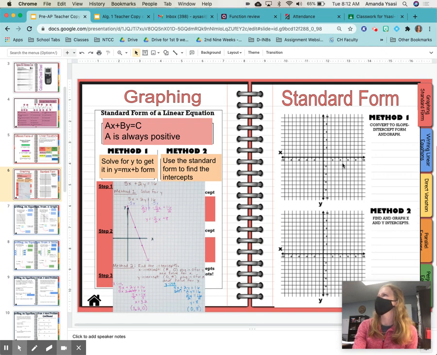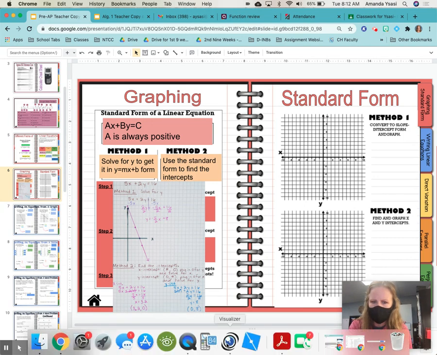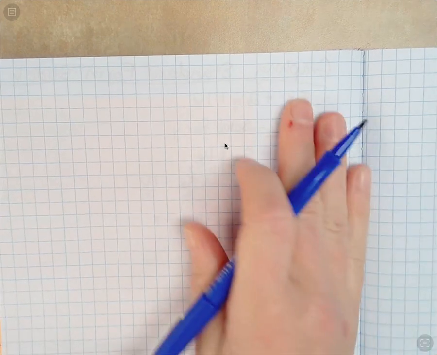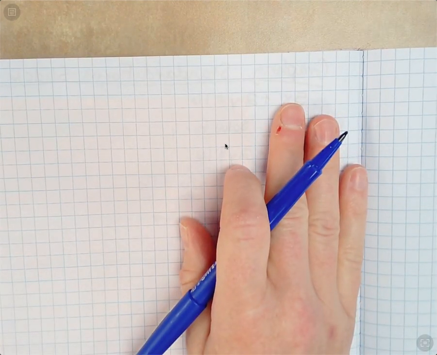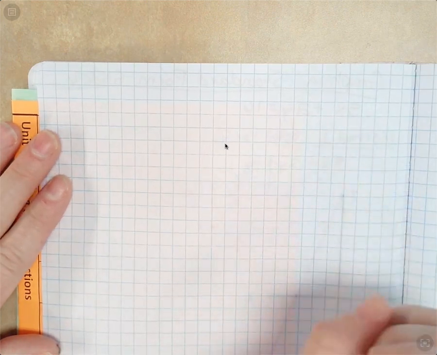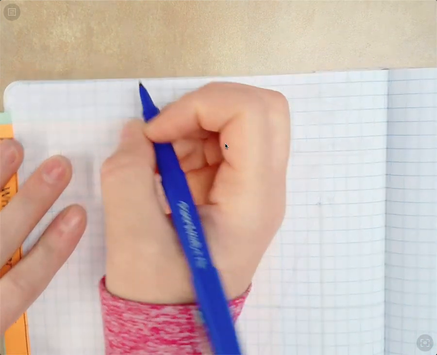So we are going to do one more example like this. And so go to your composition book. Do we have to write on the back of the page, or can we write on the next? It's up to you. If you don't write on the back, you might need another composition book at some point, earlier than we would need it.